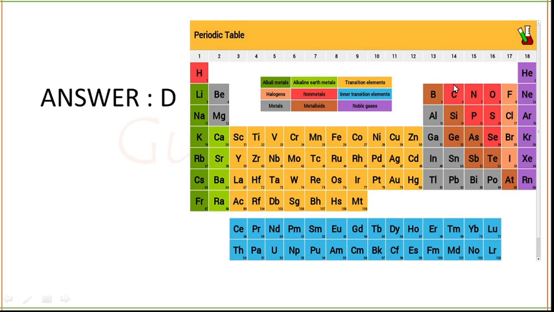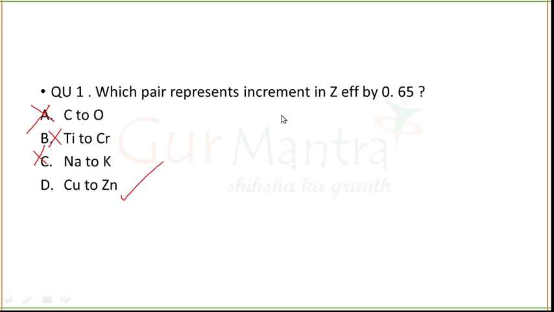When you move along the period from carbon to oxygen, the Z effective value will increase. But here comes the nitrogen in between carbon and oxygen. For an increment of 0.65, there should be subsequent elements, which means the elements should be present side by side. So option 1 comes out to be wrong.